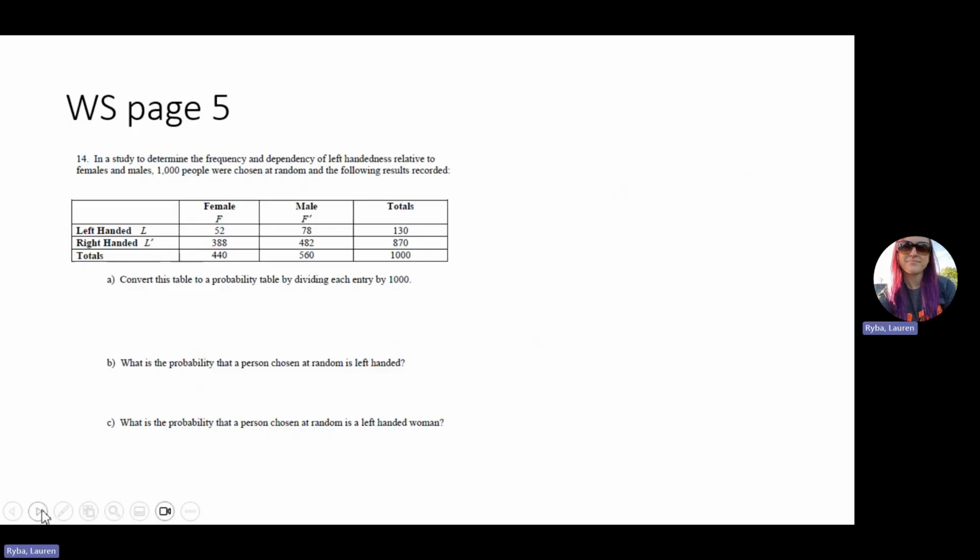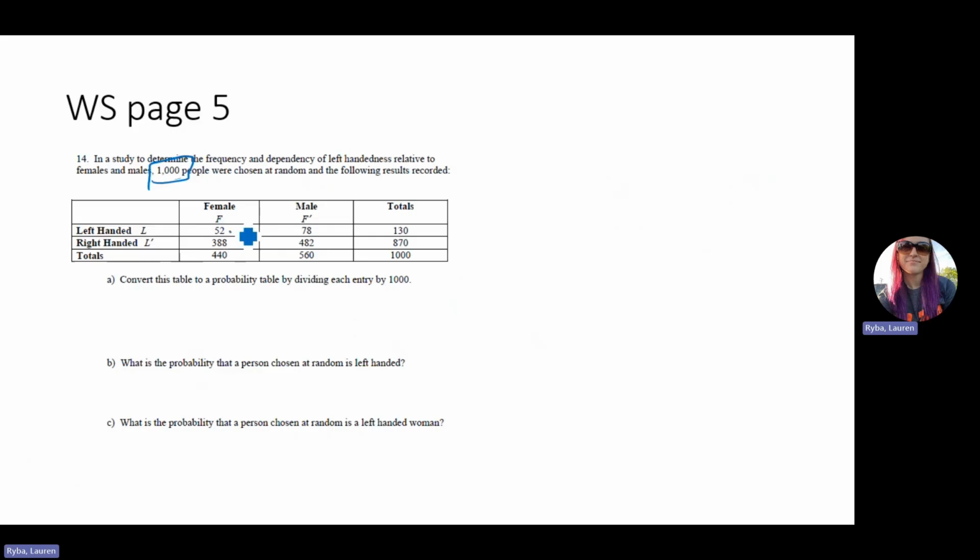So the first thing they want us to do is convert this into a probability table by dividing every entry by 1,000. Why are we dividing by 1,000? Because that is the total number of people that we worked with. So all we're doing is turning these into decimal equivalents.